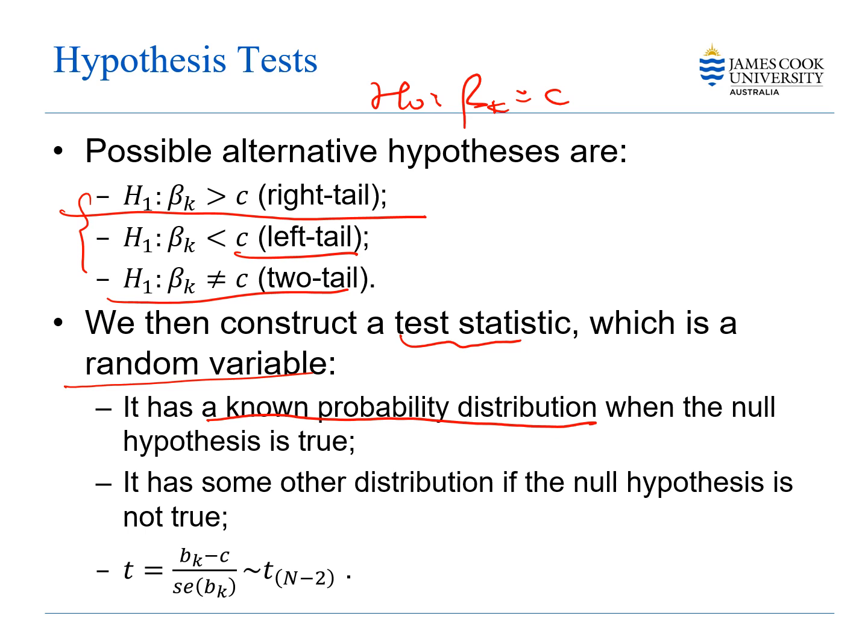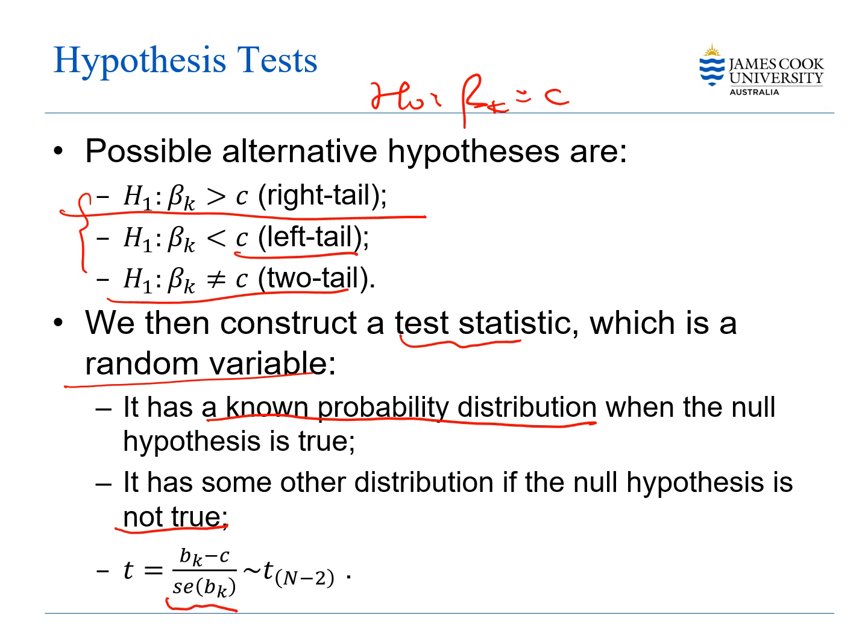It should have a different distribution if the null hypothesis is not true. Okay, and when we are testing the parameter of regression models, the test statistic is like this.